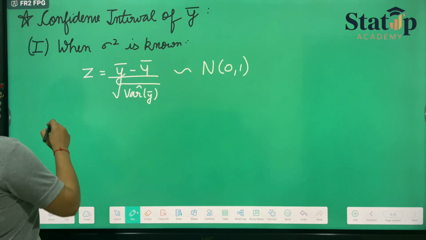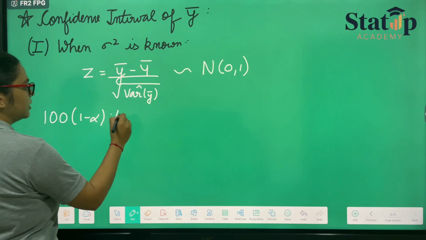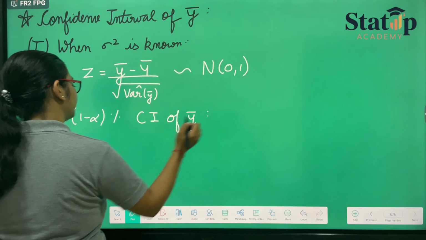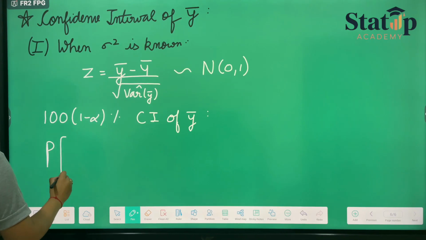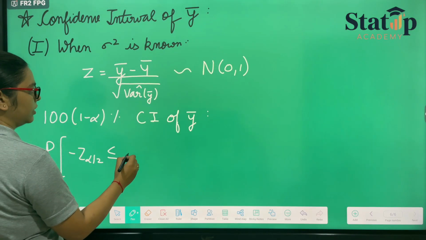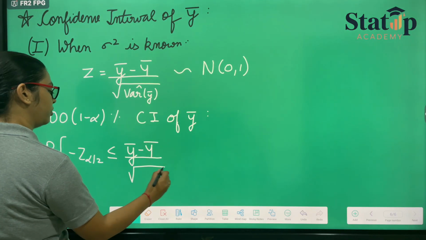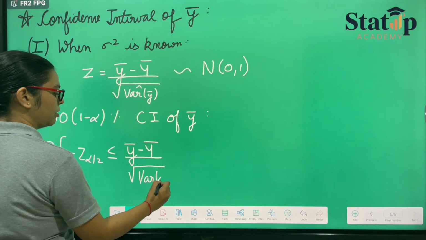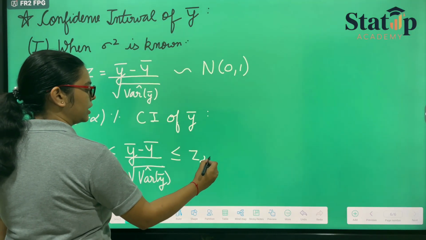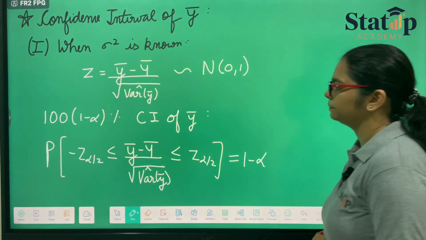If this is the case, then the 100 into 1 minus alpha percent confidence interval of y bar is given by the probability that minus z alpha by 2 is less than or equal to y bar minus capital Y bar upon under root of variance of y bar, which is less than or equal to z alpha by 2, and this probability is given by 1 minus alpha.